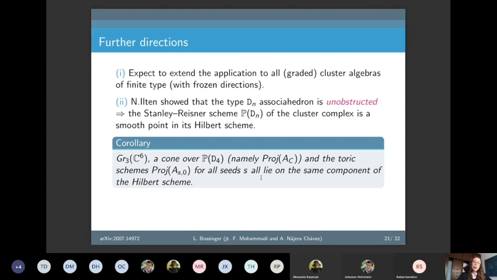To be more precise, all of them now lie on the same component of the Hilbert scheme, and that is because all of them are degenerations of the Grassmannian Gr(3,6).